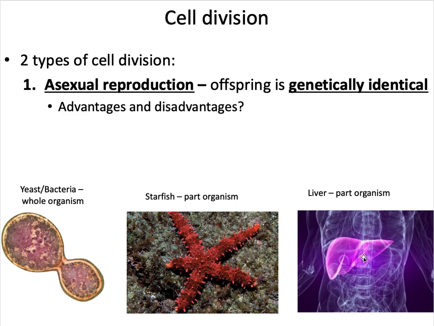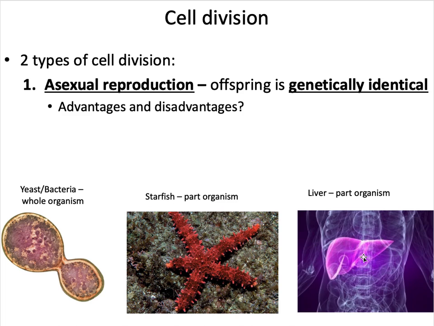So what are some advantages and disadvantages of asexual reproduction? I'll give you guys a couple minutes to think about it, and then we can talk about it. So let's start with advantages for asexual reproduction.